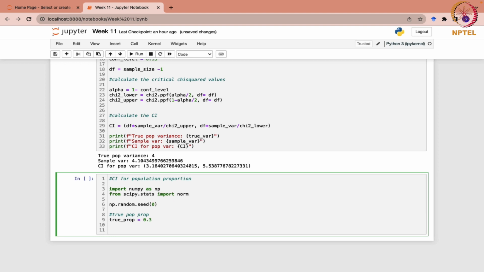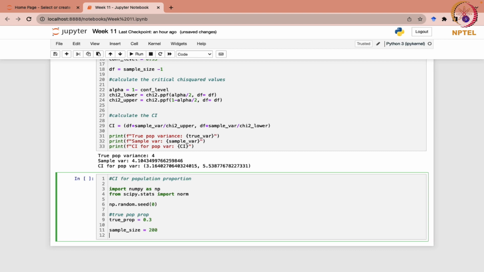Next, we are going to generate a binary sample, that is zeros and ones, to represent a population proportion. For this, the sample size, let it be 200, and the data sample would be np.random.choice.